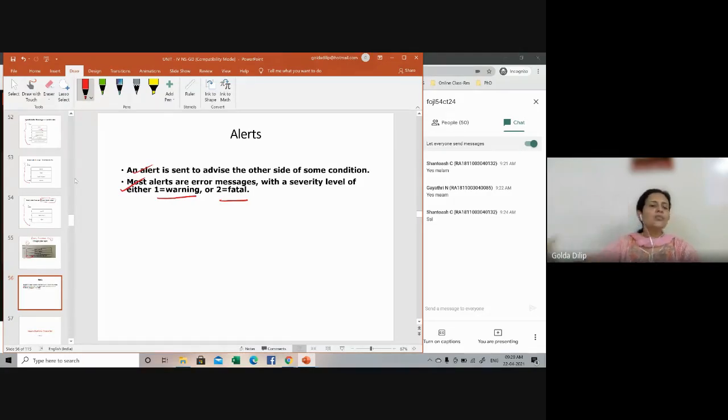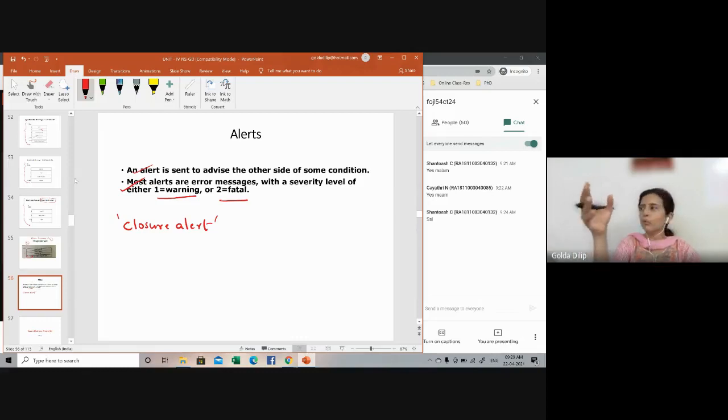Then there's one specific alert message which is called the closure alert. This closure alert is an indication that you are notifying the other side that there is no more data to be sent.